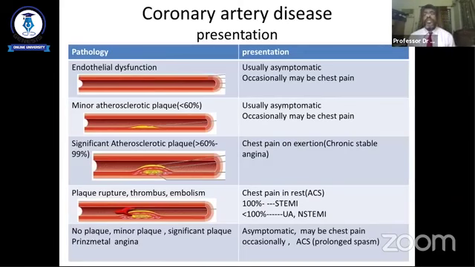A patient with chronic stable angina usually experiences chest pain or chest discomfort on exertion, that is, when there is some load on the cardiac muscles, such as when the patient is running, walking or climbing stairs. If a patient gets chest discomfort on exertion, it is usually a feature of chronic stable angina.